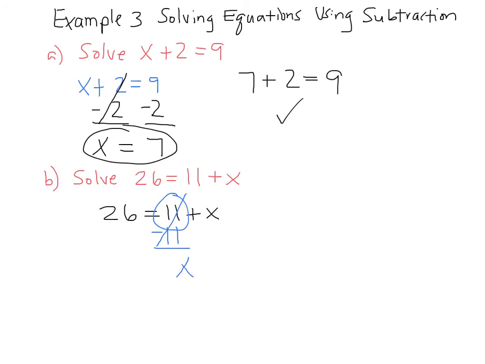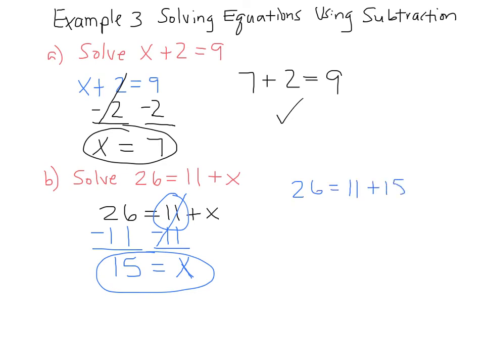So I'm left with x. Remember, whatever you're doing over here, you're doing over on this side too. 26 minus 11 gives me 15. So my answer is 15 equals x, or x equals 15. Check your work. 26 equals 11 plus 15. Is 11 plus 15 26? Yes.